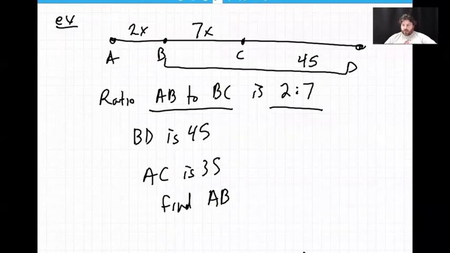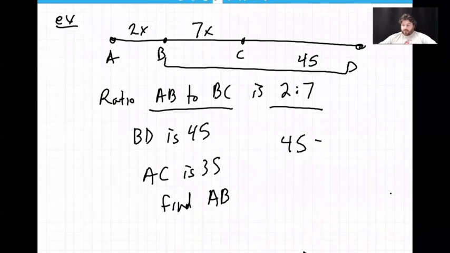Now what I know then is if this segment BC is 7x, the remainder has to add up to be 45. So I know that 7x plus 45 has to equal, or excuse me, not 7x plus 45. I know that 45 is BC plus CD. Well, I know that BC is 7x.